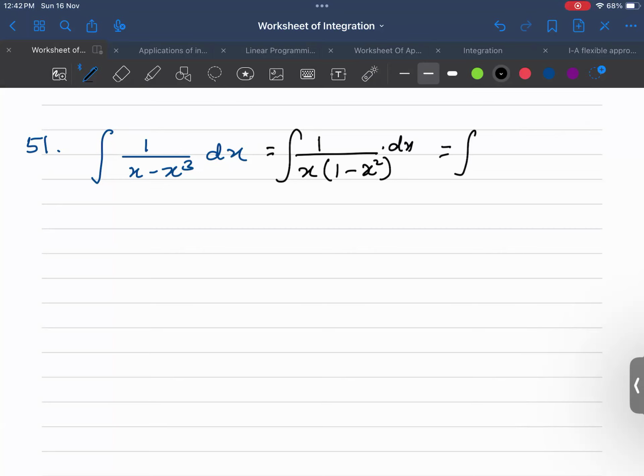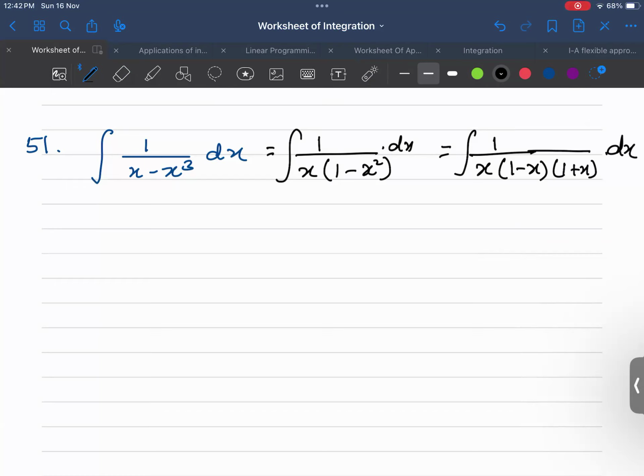We know a square minus b square is a minus b and a plus b. So same thing is there, so I can solve it. It would be 1 upon x, 1 minus x, 1 plus x into dx.